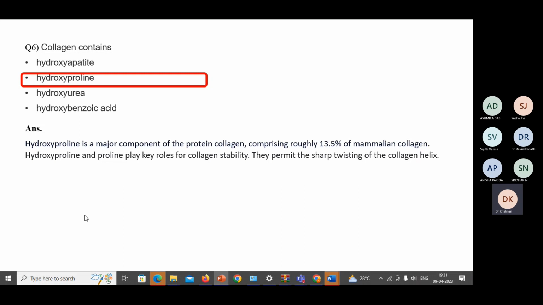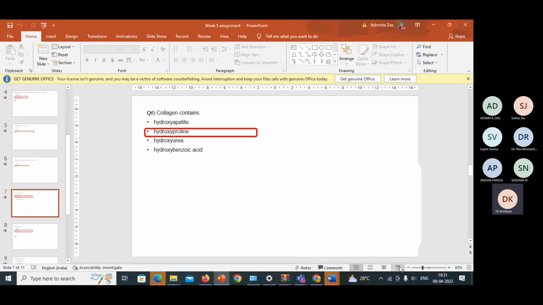Ma'am, what is the difference between hydroxyapatite and collagen? Hydroxyapatite and collagen, yes.